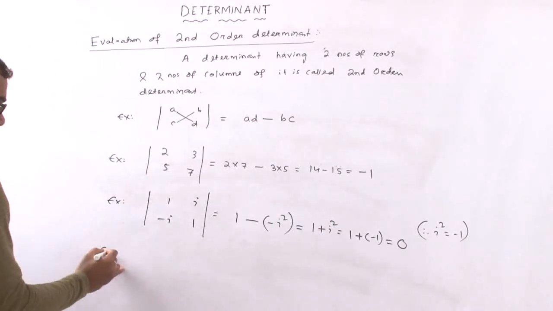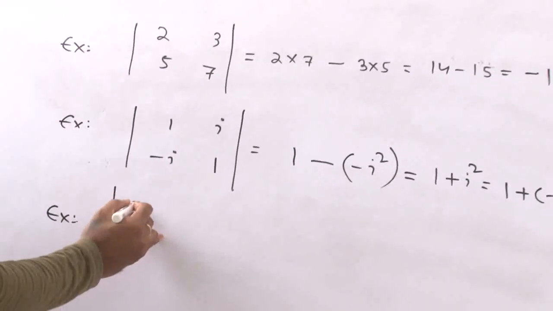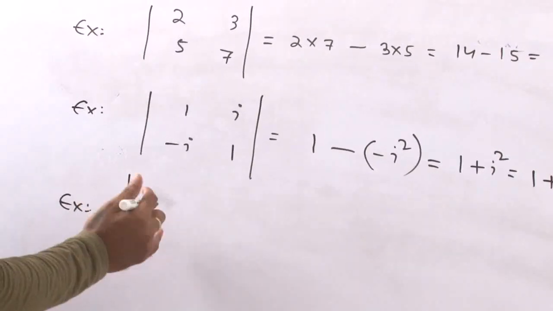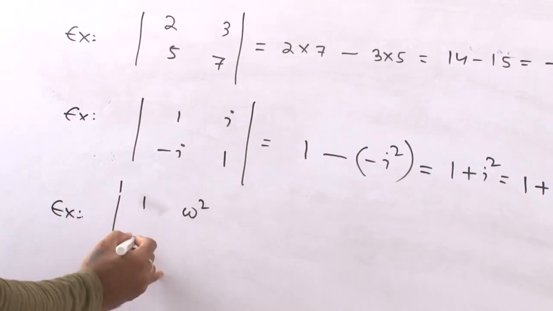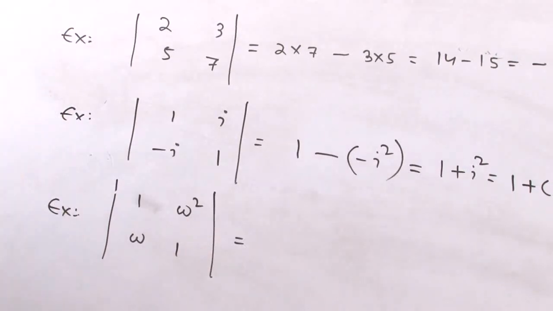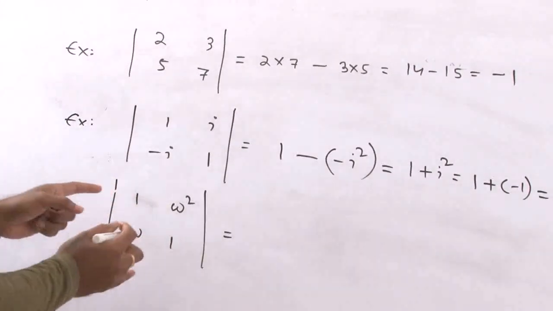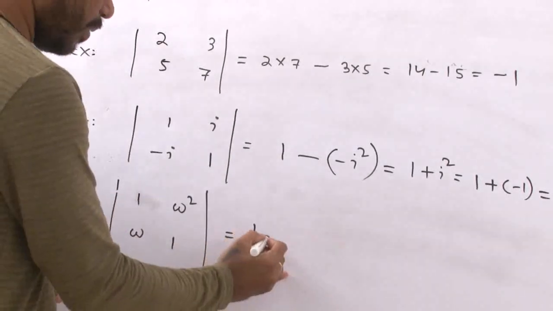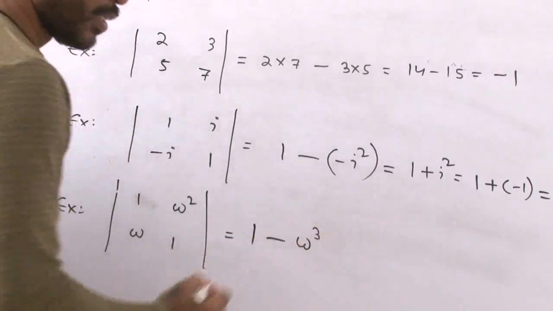Now take another example. 1, omega square, omega, 1. Similarly, cross multiply first: 1 into 1, that is 1, minus omega square into omega, that is omega cube.